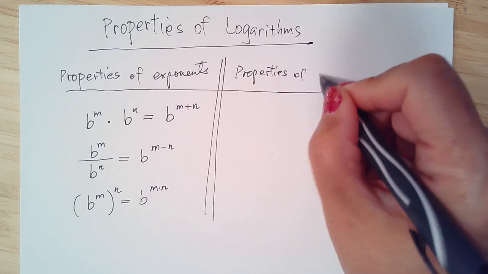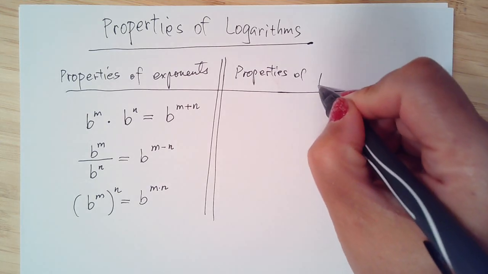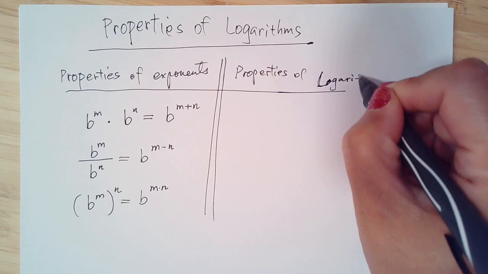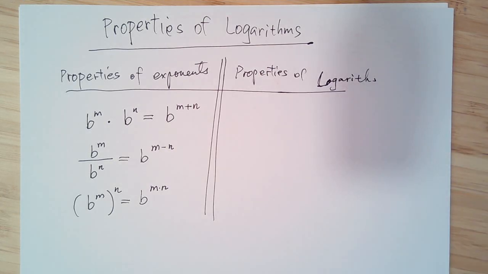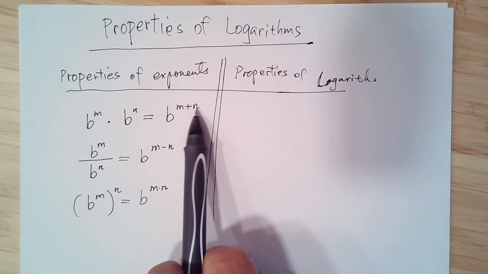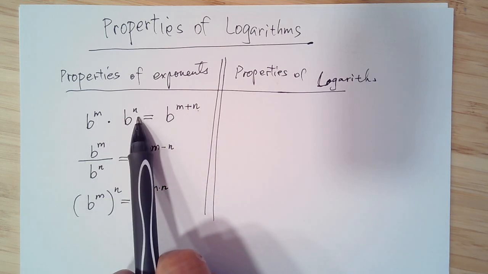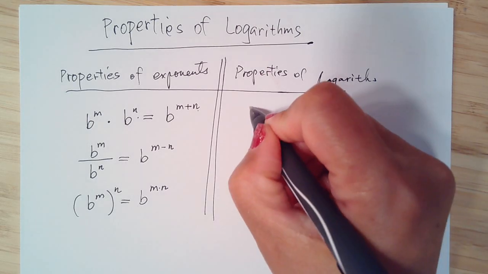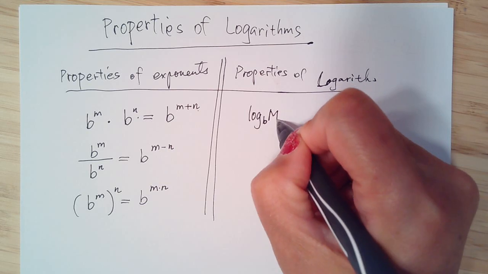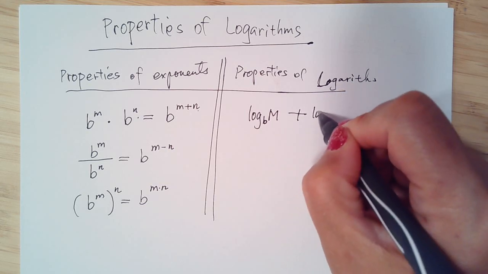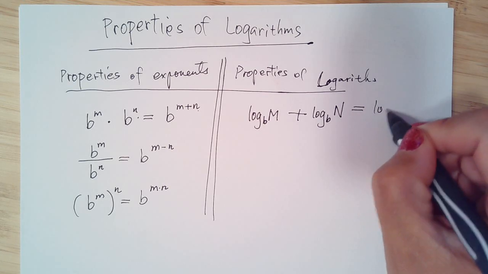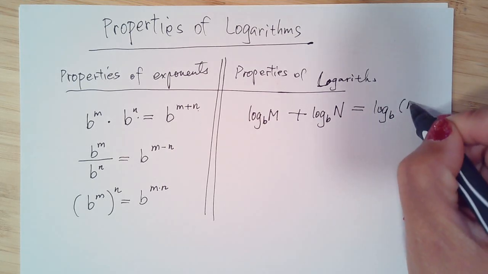Now, similarly, let's look at the properties of logarithms. It's going to look like this. Pay attention to here. Log base b of m plus log base b of n is log base b of m times n.